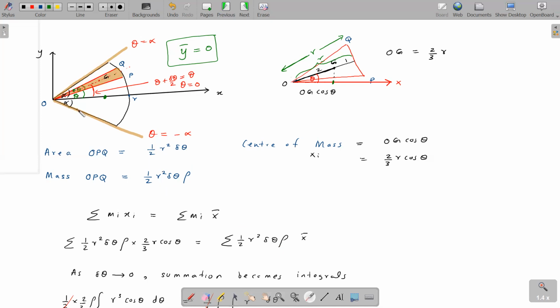But because it's a shape we know, as I told you previously, if you already know the area, you can use the area. The area is half r square theta, and the full shape has a theta of 2 alpha. To make it mass, you multiply by rho, so this becomes r square alpha rho. We could have used that anyway, but I have just gone with this.